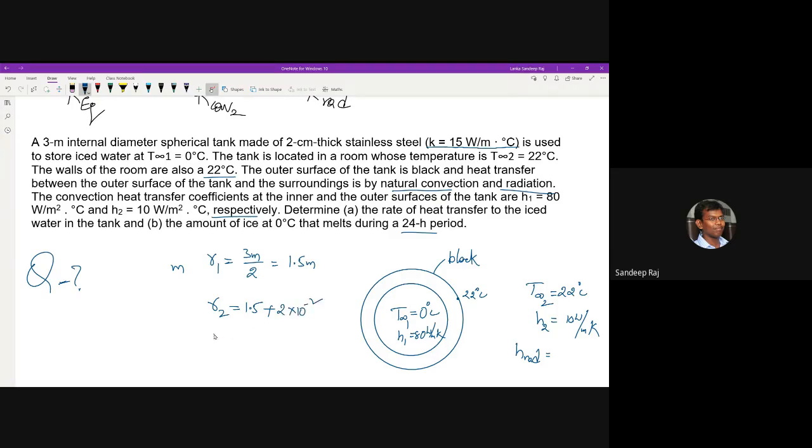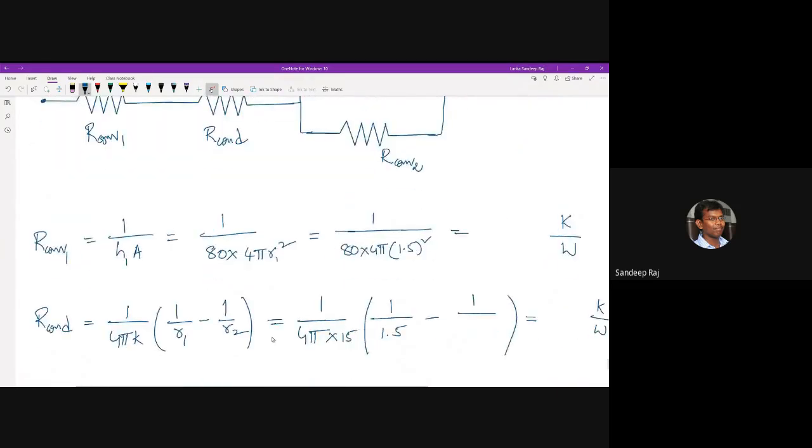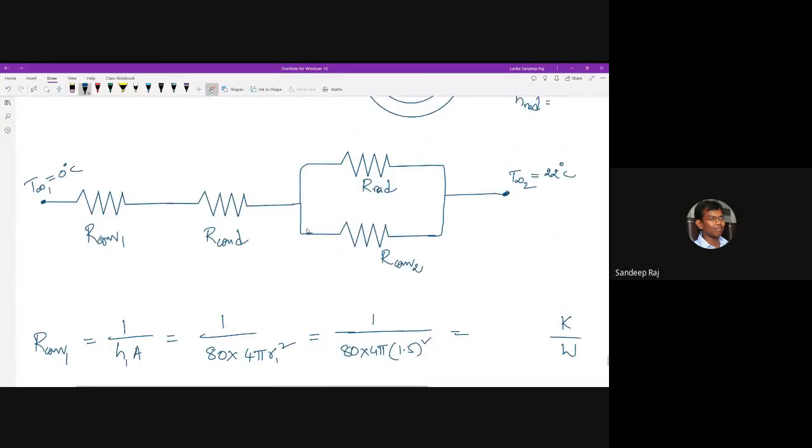So this will give you R2 is equal to 1.52 meters. That will be R2. So with 1.52, R conduction is done.